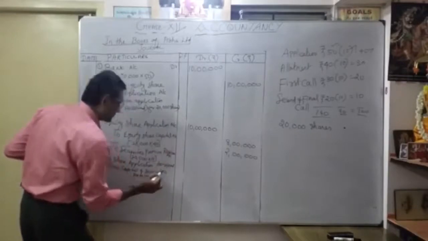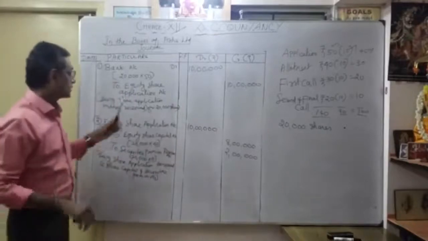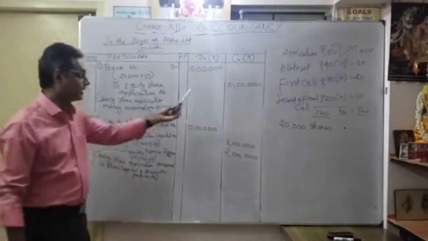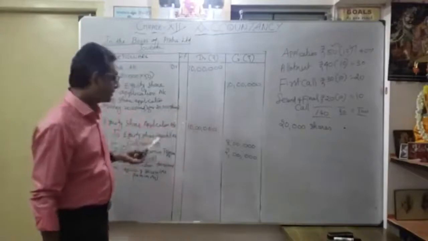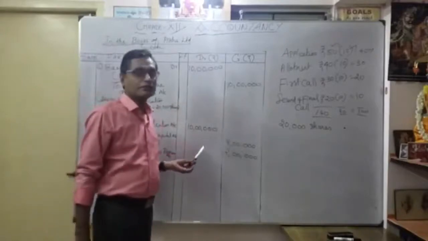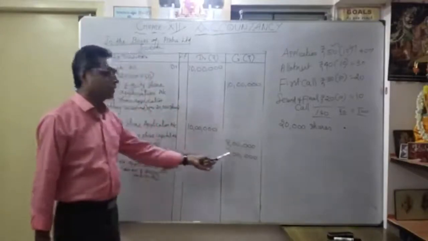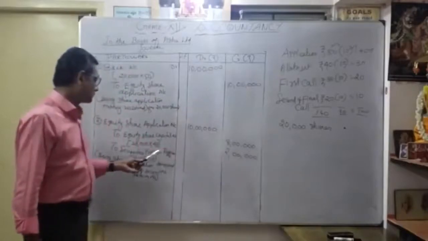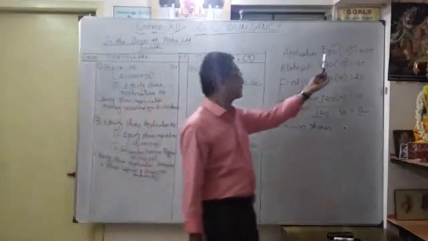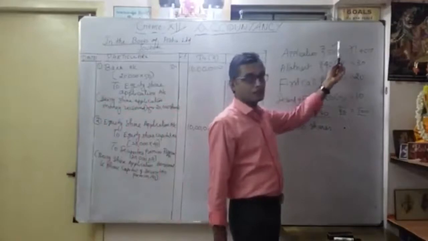You understand? That's what the second entry. So whatever my entire application money as 10 lakhs, I transferred here only the 8 lakhs to equity share capital account. Remaining 2 lakhs, I want to show as a securities premium reserve account because here the 50 rupees, 10 rupees is what? Security premium.